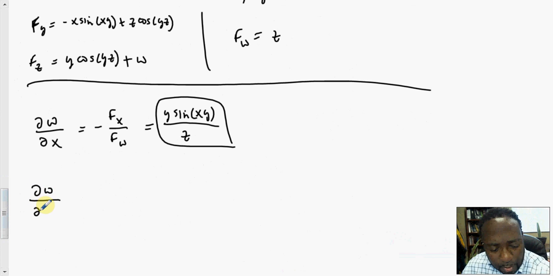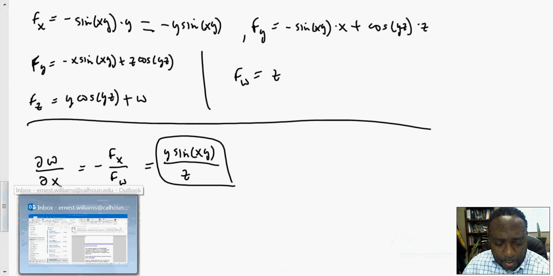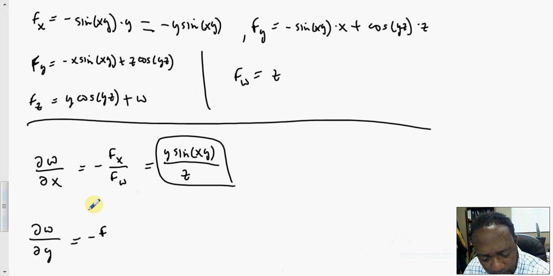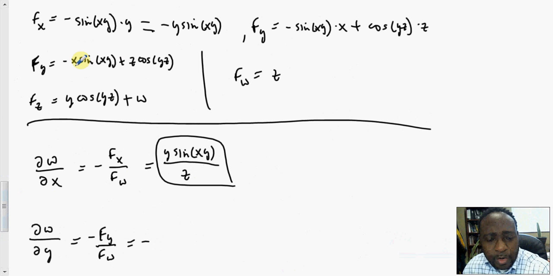Partial of w with respect to y. So this is negative F sub y over F sub w. This is negative F sub y. It's this long expression here. So you got that negative sitting out in front. You got that negative there. So you can run that negative through if you want to. Let me just put in parentheses right now, and then we'll clean this up afterwards.